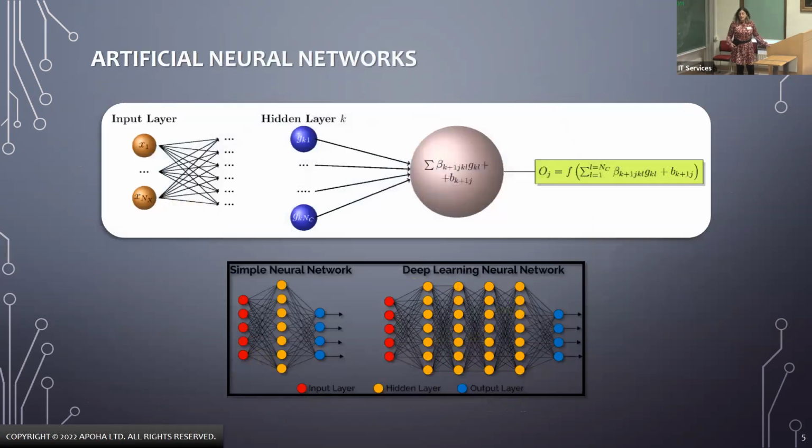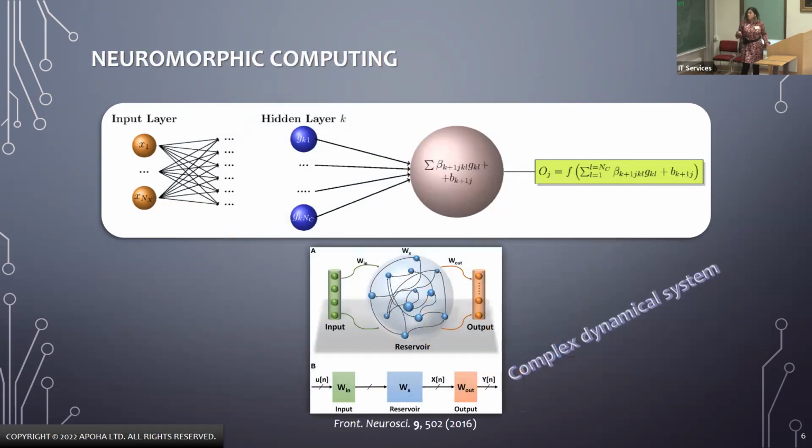So I really don't have to explain to this audience what an artificial neural network is, but I do want to focus our attention on a peculiar architecture, that is reservoir computing. Reservoir computing is still an artificial neural network.